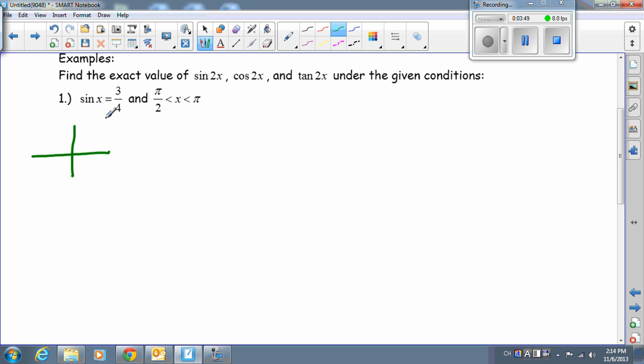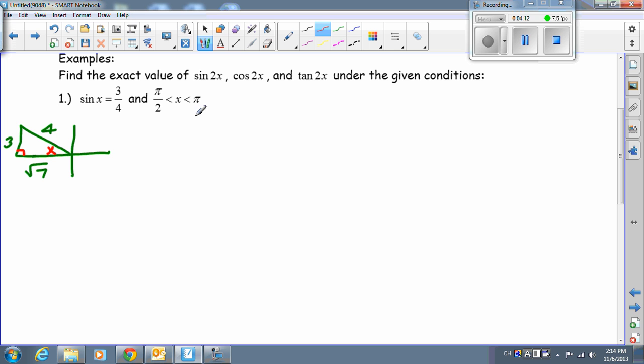Well, for the sine to be positive, it can be here or here, but the interval is between pi over 2 and pi. I know the triangle is here, where this is 3, this is 4, and this is therefore square root of 7. And this is my x, because that's the right angle.